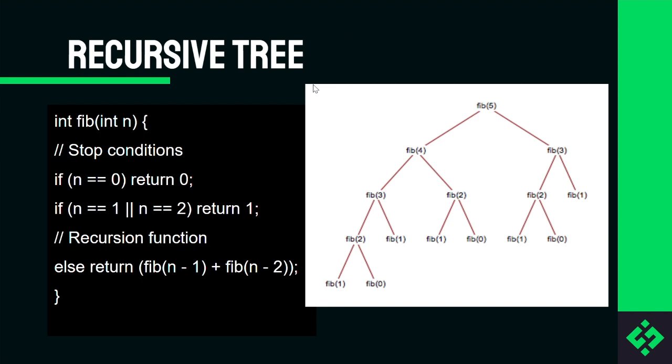Coming to the recursive tree. See here, the Fibonacci program is written. If n is equal to 0, return 0. What is this? It's the base condition, right? When the value of n becomes 0, it should return the value 0 because Fibonacci of 0 is 0.